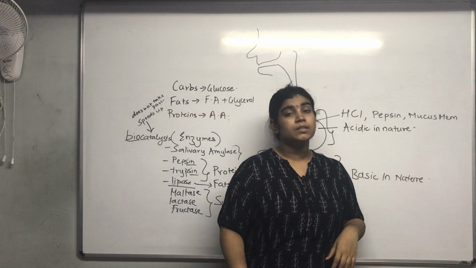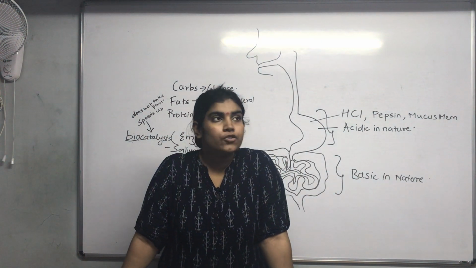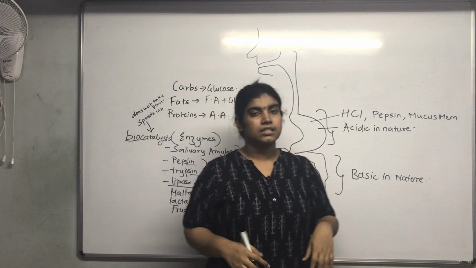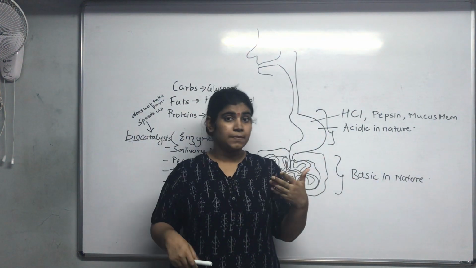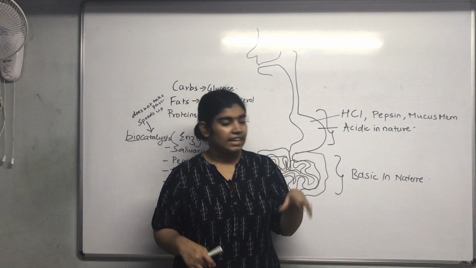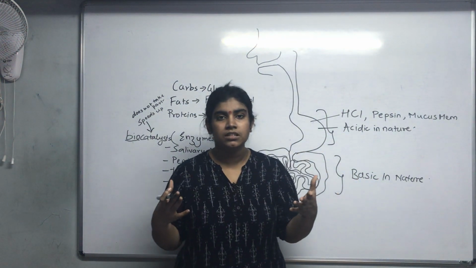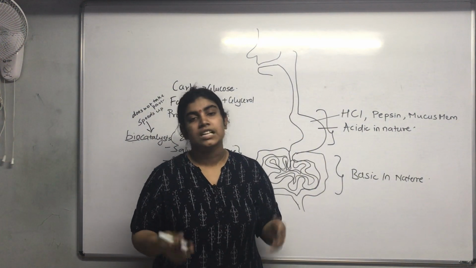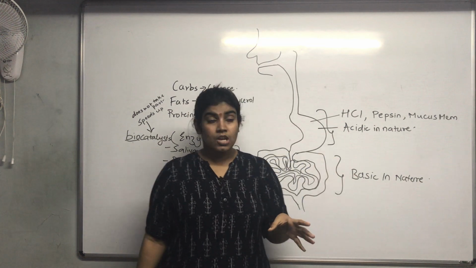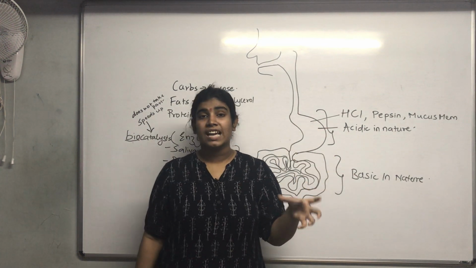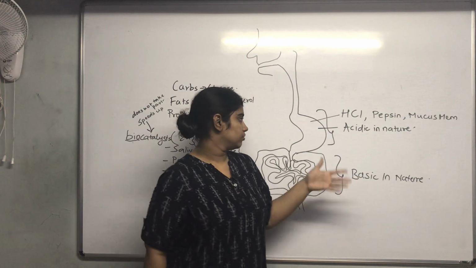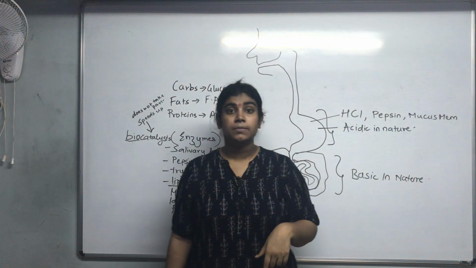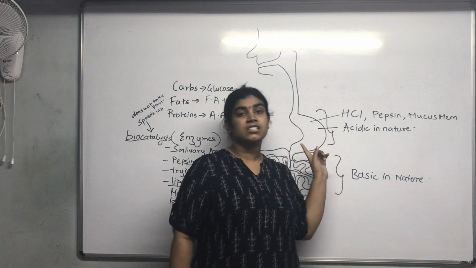Okay, so the third thing is the mucous membrane. Why the mucous membrane? The hydrochloric acid is so concentrated that its pH level is 2 to 3, and it is possible that the lining of the stomach gets degenerated. Of course, everything inside your body is made up of muscles, so the stomach is also a muscular organ which contracts and relaxes and digests the food, but a higher amount of HCl has a possibility of degrading the stomach membrane.